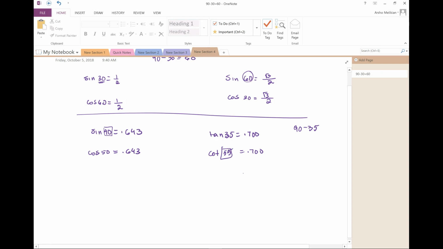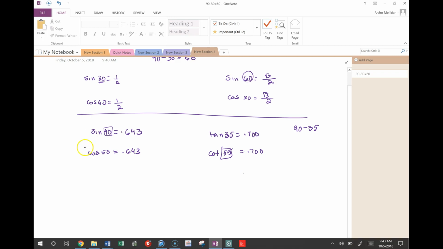Yeah? Okay, so guess what, what did we just notice? Pattern. Complementary angles, not the reciprocal, because it's sine and cosine.